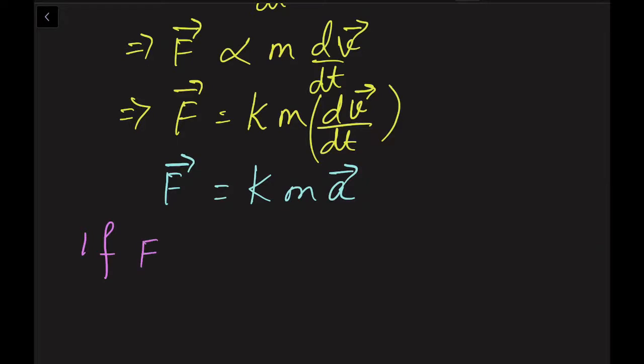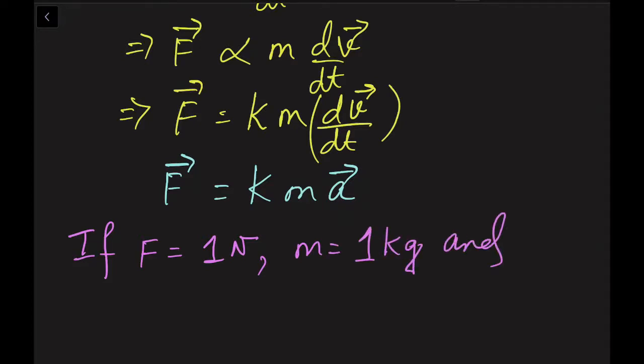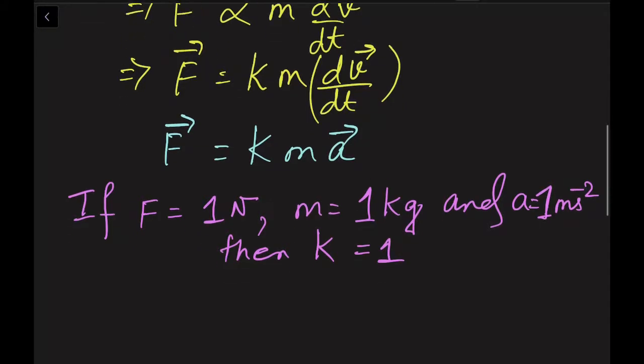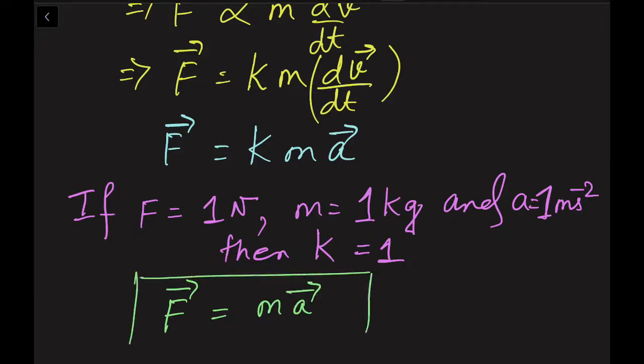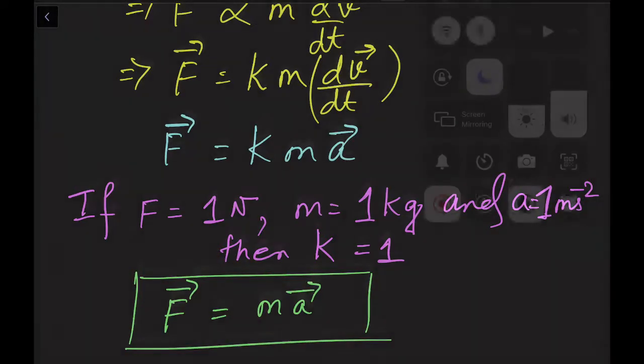If force is 1 Newton, mass is 1 kg, and acceleration is 1 meter per second square, then the value of k is 1. So I can replace k with 1 and my final equation will be F is equal to m into a. So this is the end result of Newton's second law of motion.